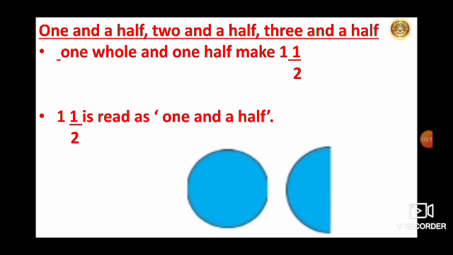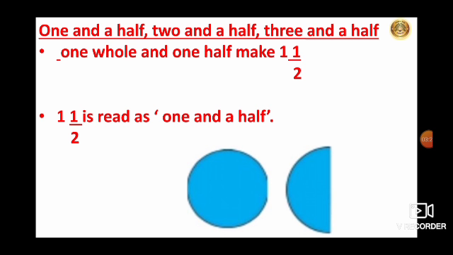Now we will see 1.5, 2.5, 3.5. So 1 whole and 1/2 makes 1 and 1/2. 1 and 1/2 is read as 1.5. Now we have 1 whole and a half part.